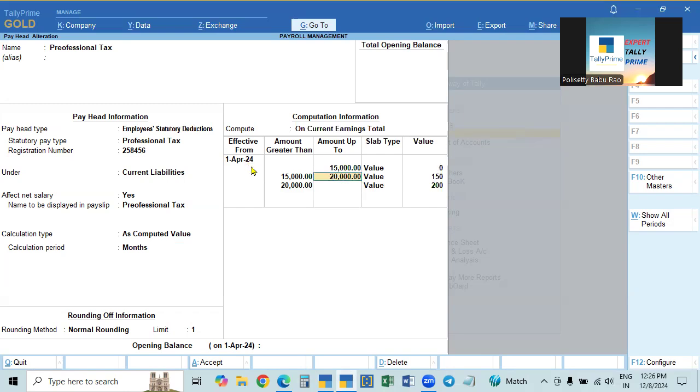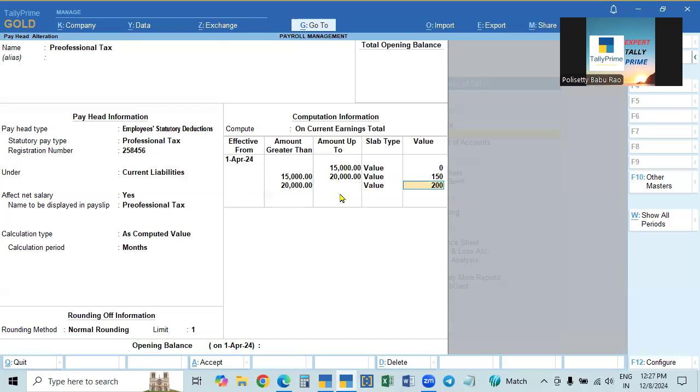Greater than 15,000, from 15,000 to 20,000, the amount will be 150 rupees. Above 20,000, irrespective of the total amount, whatever the amount it is, 30, 40, 50, the maximum amount will be 200 rupees.